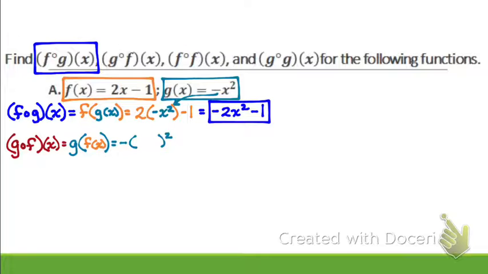What is our function f? 2x minus 1. Order of operations says the first thing I need to do to this now is square it. So that would be 4x squared minus 4x plus 1. And then I distribute a negative 1 to each piece.